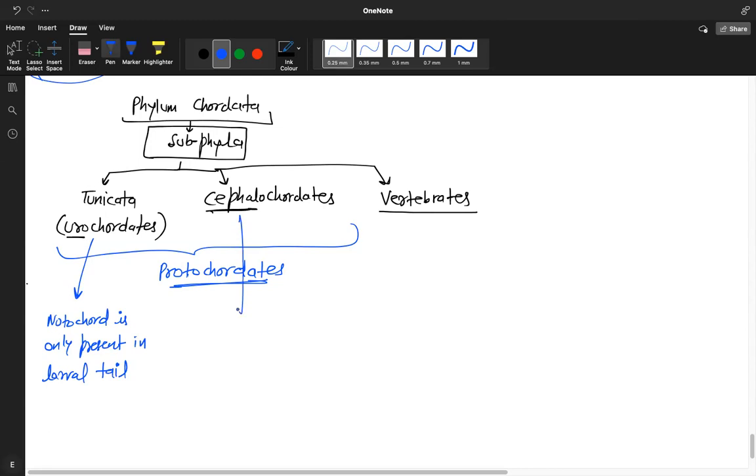Now talking about cephalochordates. They also develop a notochord in the larval stage, but their notochord is complete.